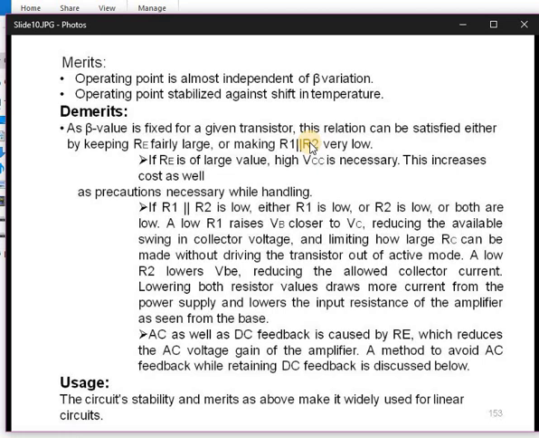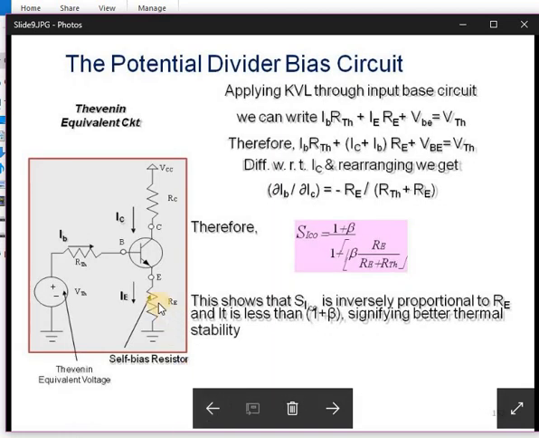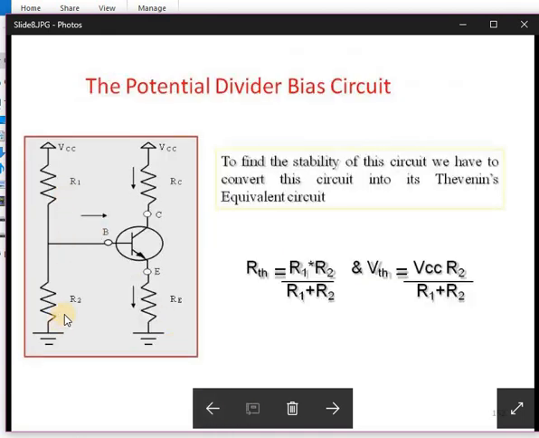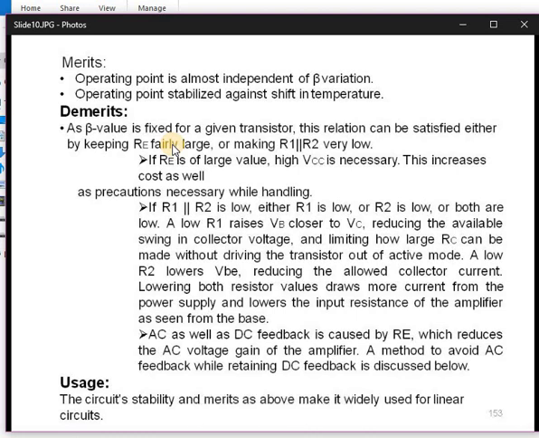In the previous biasing circuit, we increased the collector resistor value and kept the base resistor low. In this circuit, RE will be large and R1 in parallel with R2 will be very low.